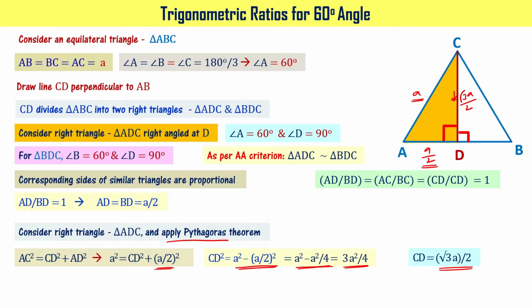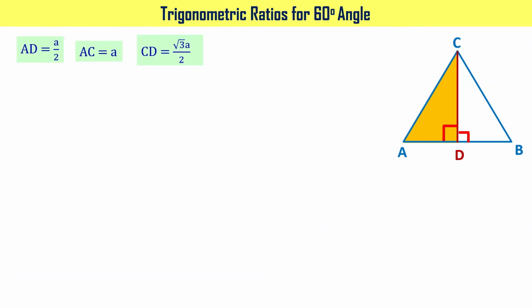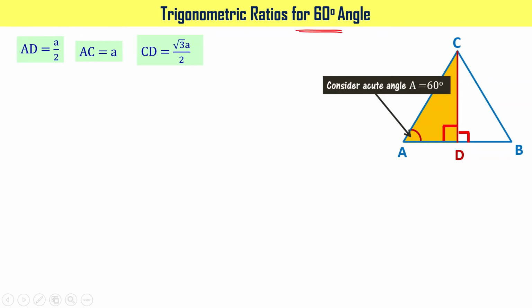Got it? Now you see AD equal to A by 2, AC equal to A, and CD equal to root 3A divided by 2. Now we know three sides of the right angle triangle, triangle ADC, right? Let's consider acute angle, angle A, that is 60 degrees, right? Why are we considering 60 degrees angle here? Because we are interested in finding trigonometric ratios for 60 degrees angle.